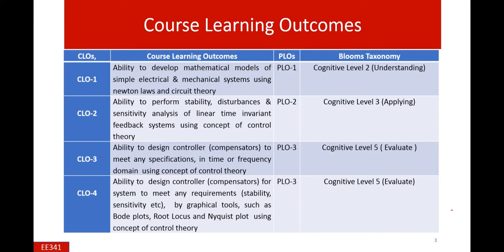We studied first order and second order transient analysis in depth, and then the stability. The next part is the steady state error. This steady state error is also helpful to design the systems: if there is error, then how to remove this error and make the systems error free. So let's see.